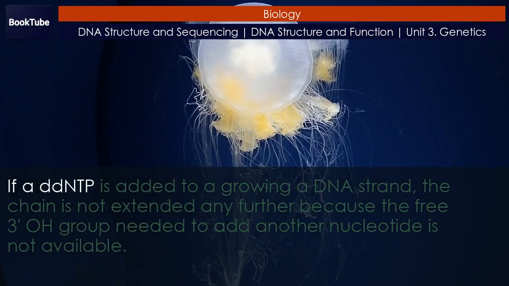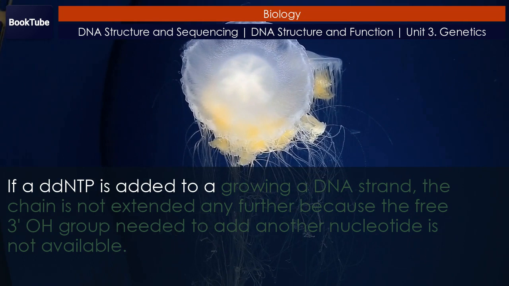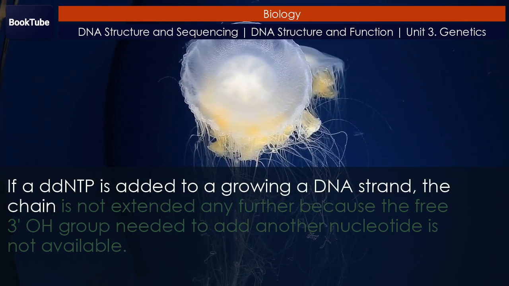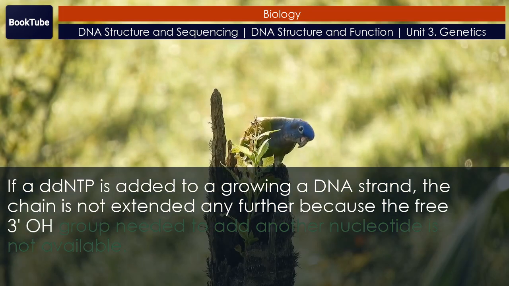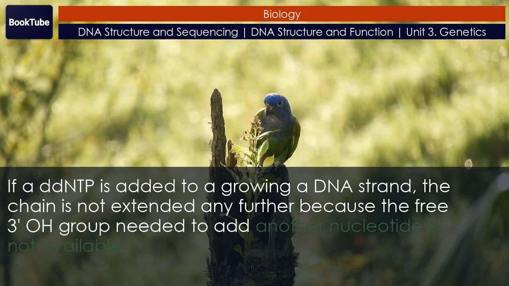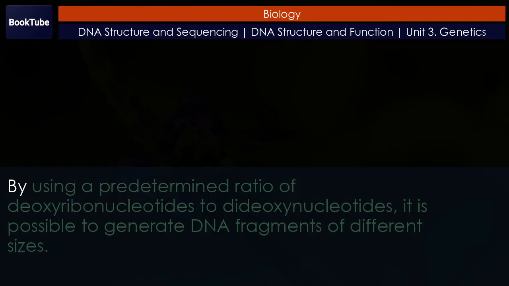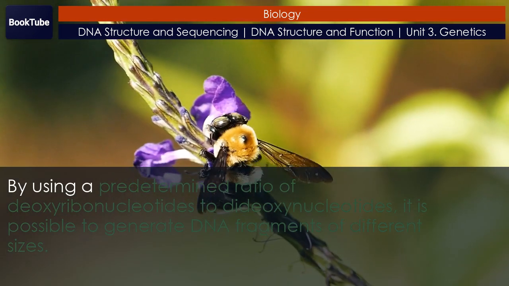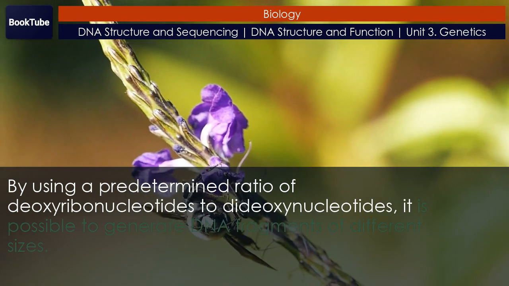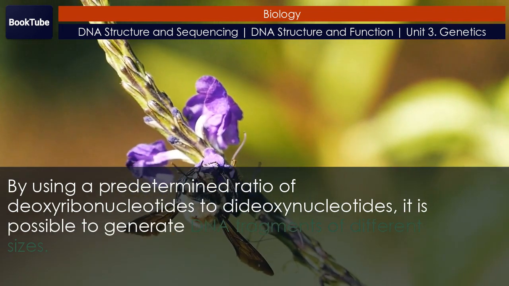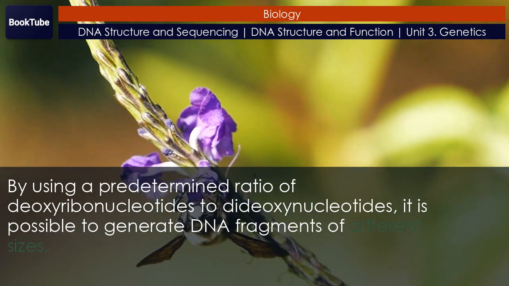If a ddNTP is added to a growing DNA strand, the chain is not extended any further because the free 3' OH group needed to add another nucleotide is not available. By using a predetermined ratio of deoxyribonucleotides to dideoxynucleotides, it is possible to generate DNA fragments of different sizes.